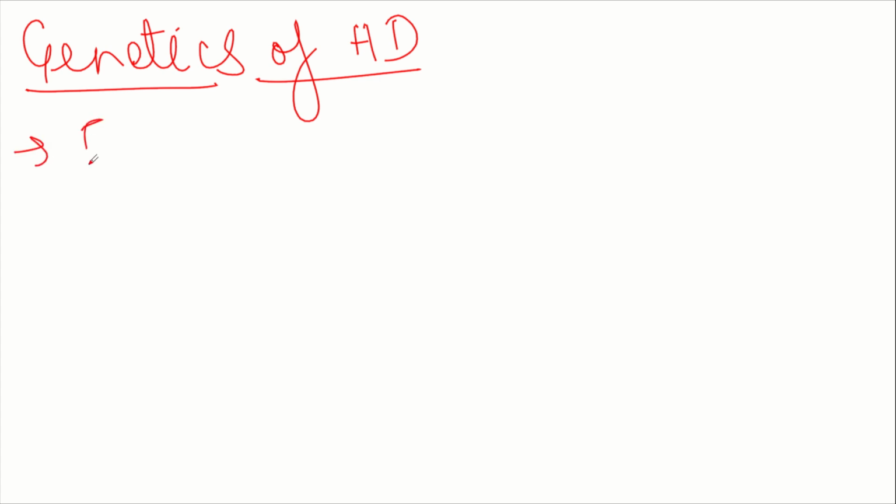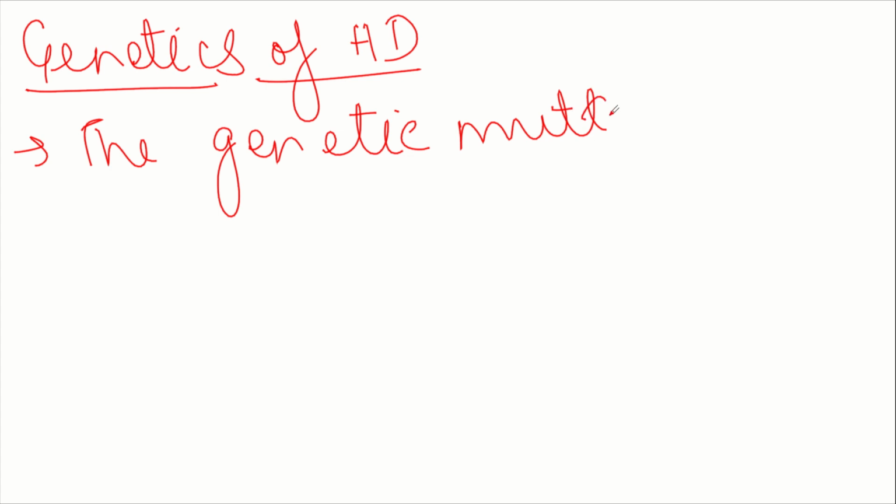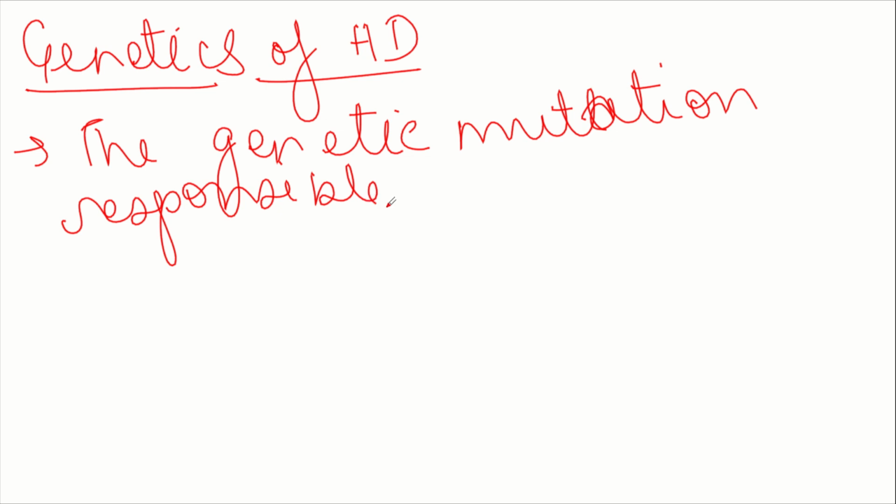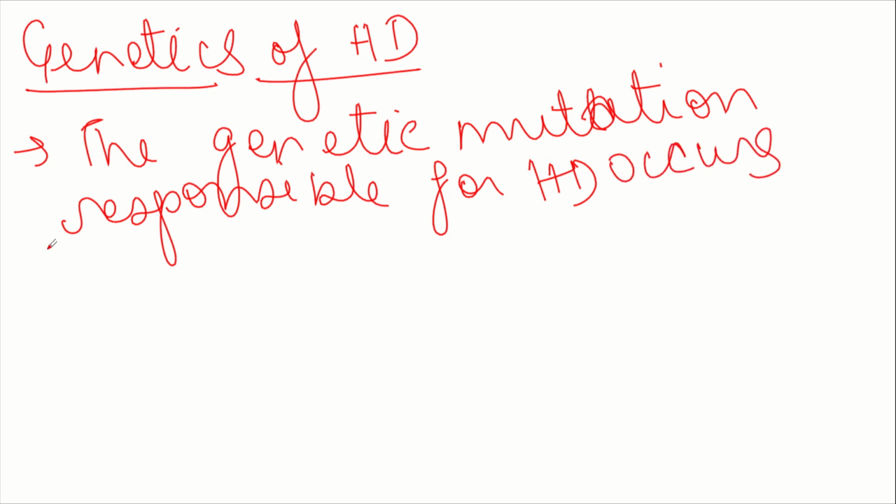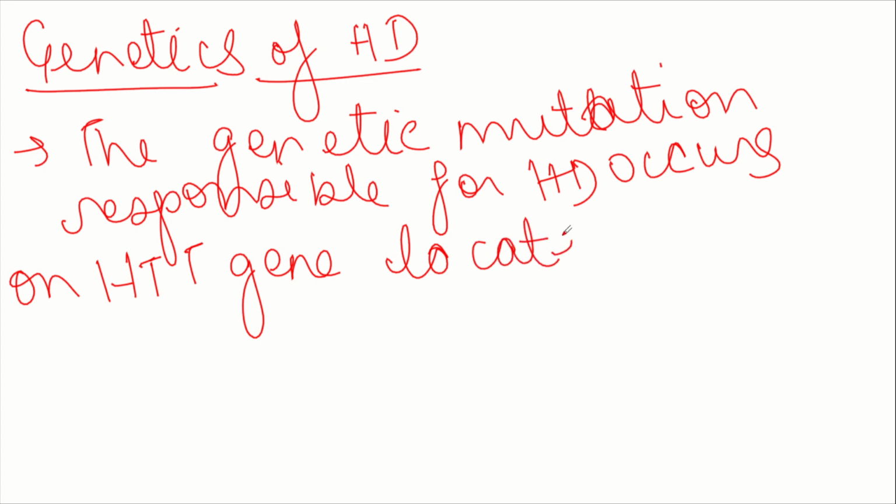The genetic mutation responsible for Huntington disease occurs on the HTT gene located on chromosome 4.